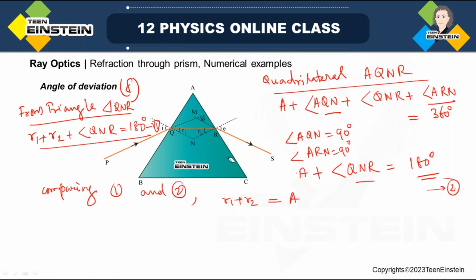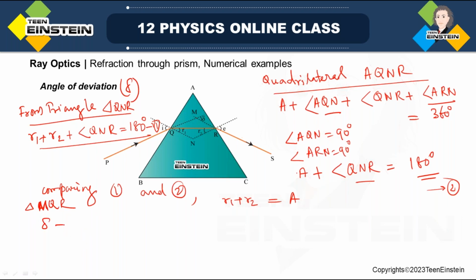Now we have to find out the angle of deviation. Let us write what delta is. Delta means, in this triangle MQR, you can write delta as the external angle of that triangle.